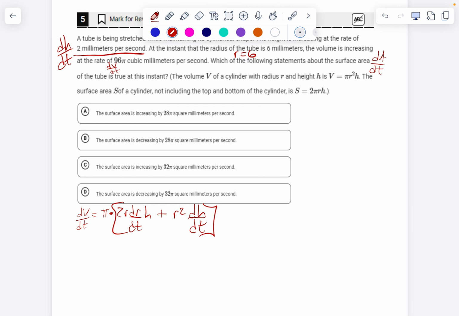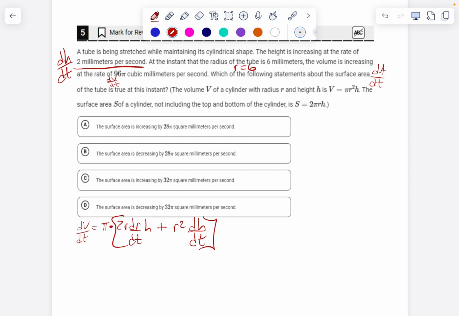What do you guys think? In the first term, 2r dr/dt h, in product rule terms, that's f prime g. Do you guys think dr/dt is constant? Just the way it's worded, it does, huh?